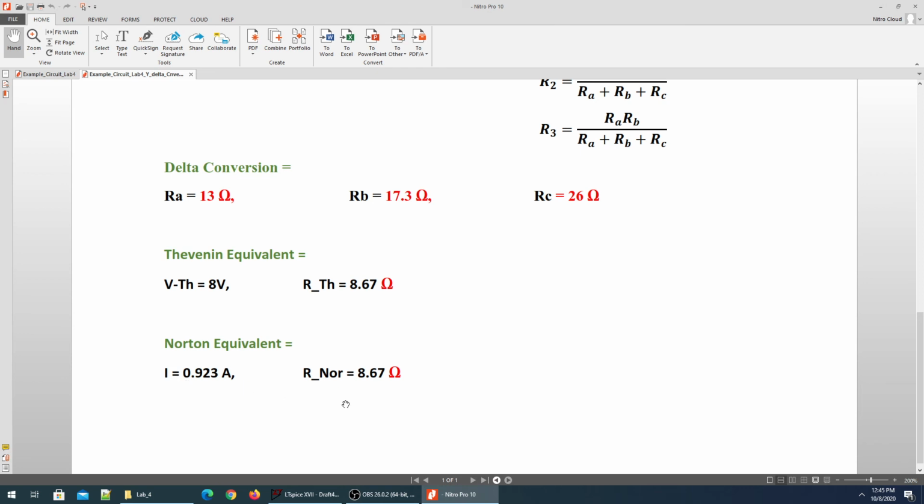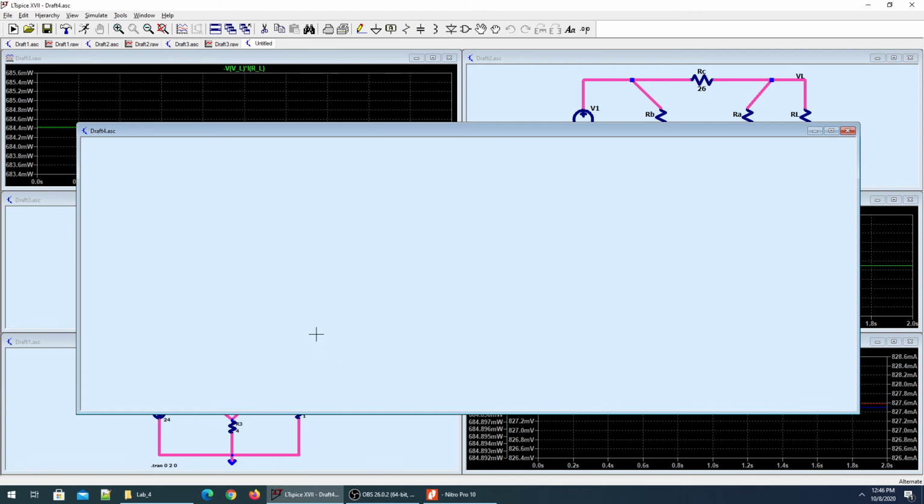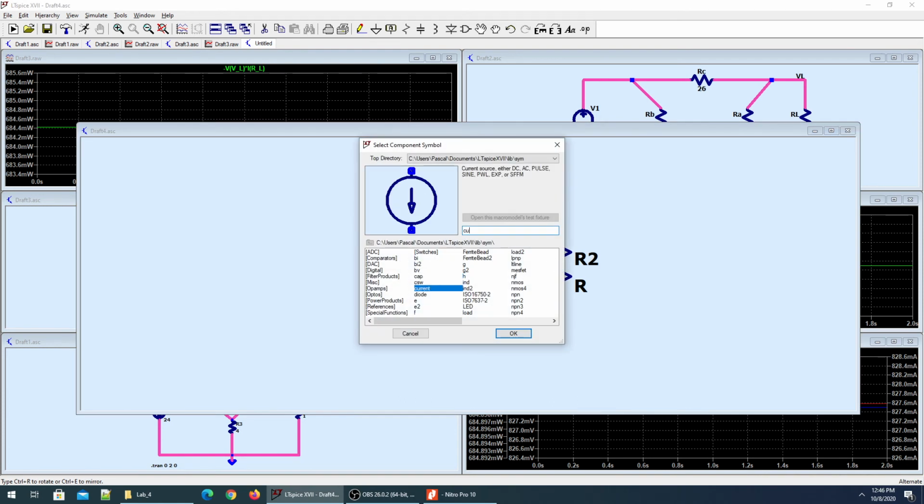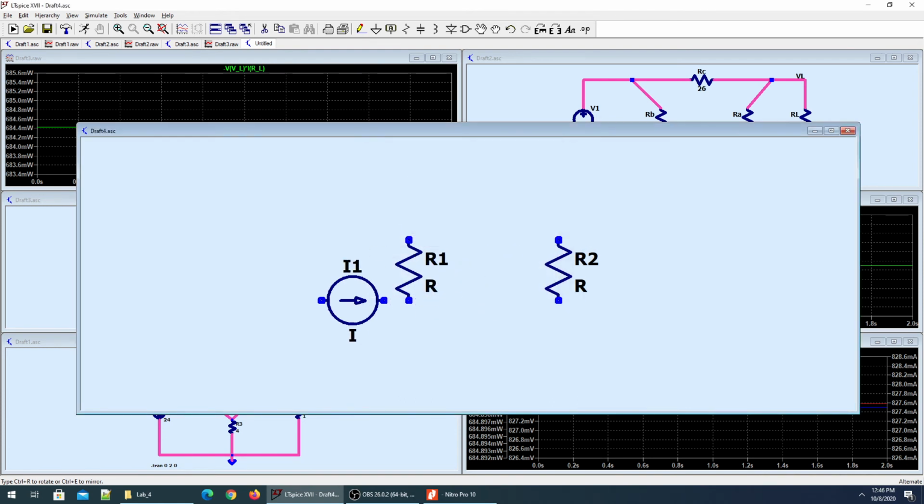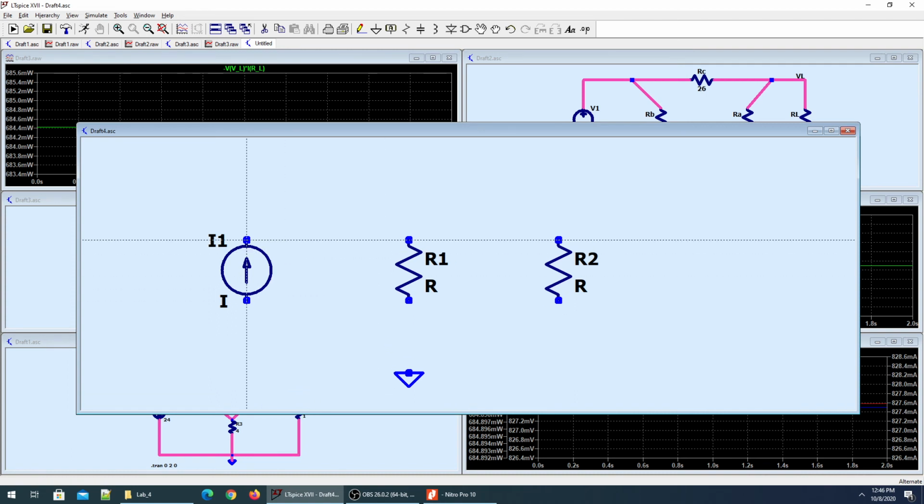The Norton resistance will be equivalent to the Thevenin resistance, so we will just put these values. Let's bring in R and the load resistance. Let me bring the current source, and the ground, and the wires.